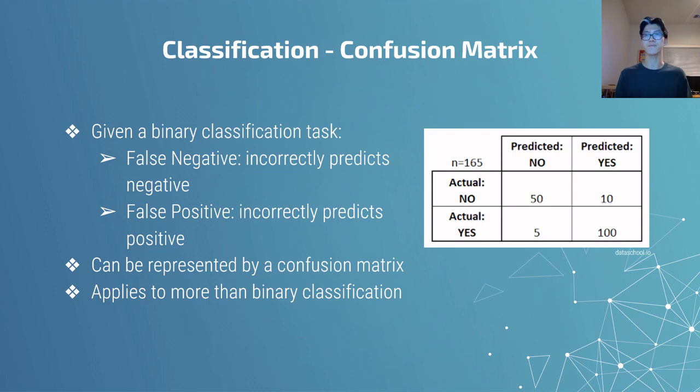The key difference between this and what accuracy would look at is that there are different distributions of when we predict no when the actual value is yes, as compared to when we predict yes and the actual value is no. It's 5 to 10. Those are different numbers, and those will play key differences in what the actual accuracy value will be.